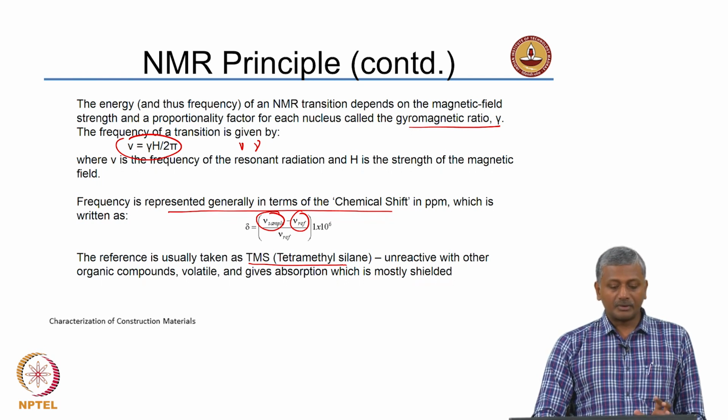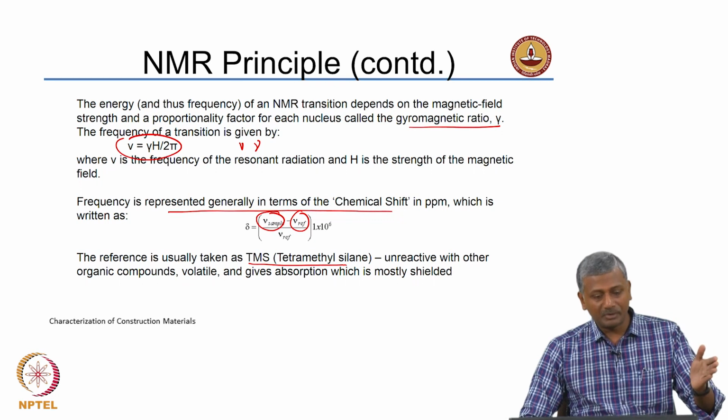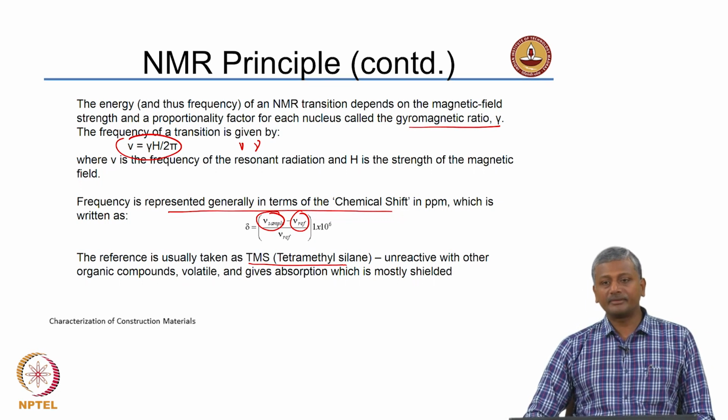Okay. So, this is a typical reference frequency that is taken in your NMR systems, and you represent the frequencies of the sample as a function of this frequency of the reference, that is tetramethyl silane.